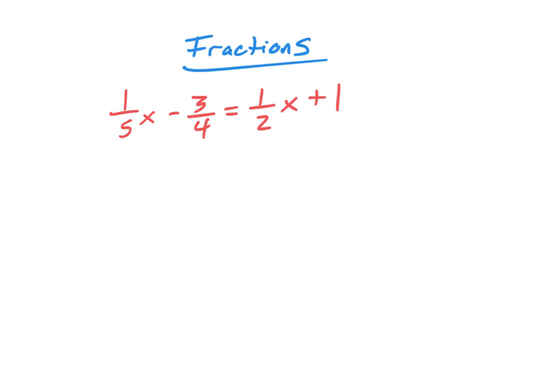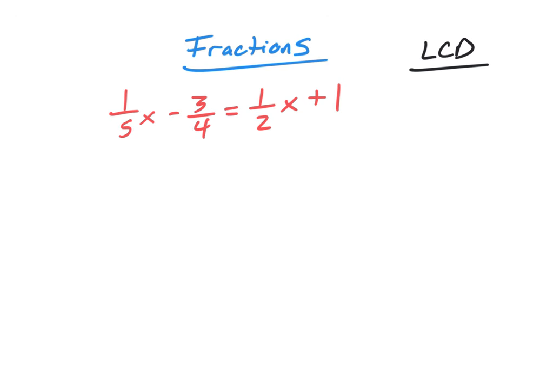Okay, so first thing, anytime we have a fraction in our equation, we're always going to look at the denominators. We got a 5, we got a 4, and we got a 2. And so what we're going to look for is the LCD. You guys remember what that stands for?